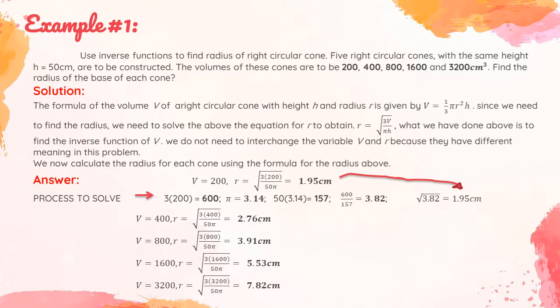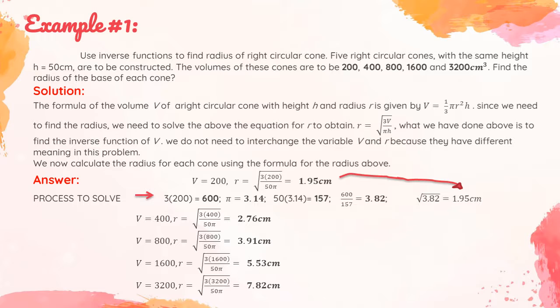Next, yung 50, tinimes po natin sa 3.14. So, ma'am, saan po ba nakuha yung 50? Nakuha po natin yung 50 dun sa ating problem na value ng height na 50 centimeters. So, now, 50 times 3.14, ang sagot po ay 157.